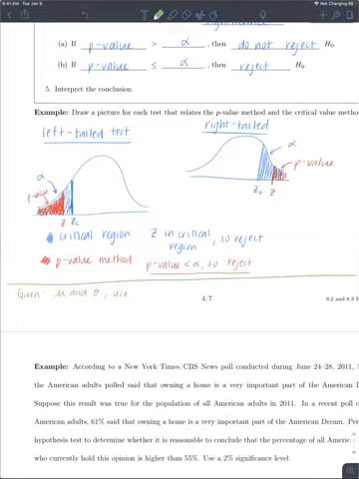You're going to use z-test. But if you're given mu and s, the sample standard deviation, you have to use t-test, and you can only use the p-value. So here you can use critical region and p-value. Here you can only use p-value.